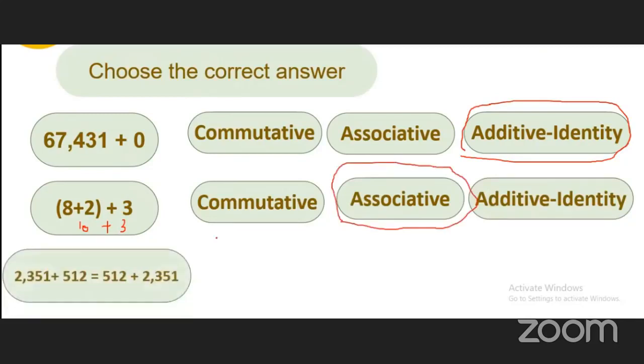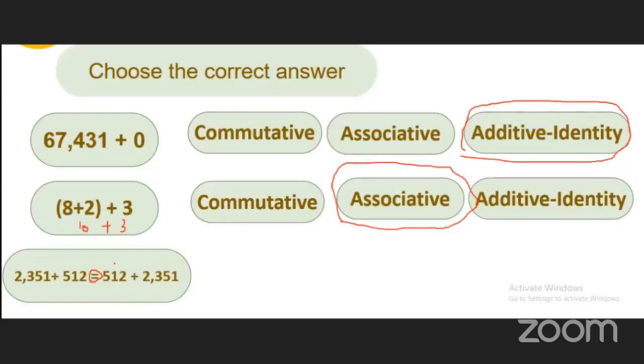Third one, here: 2,351 plus 512 equals. We have two sides that are equal, and we have the same numbers on the right-hand side as the left-hand side, but they have replaced their places with each other.